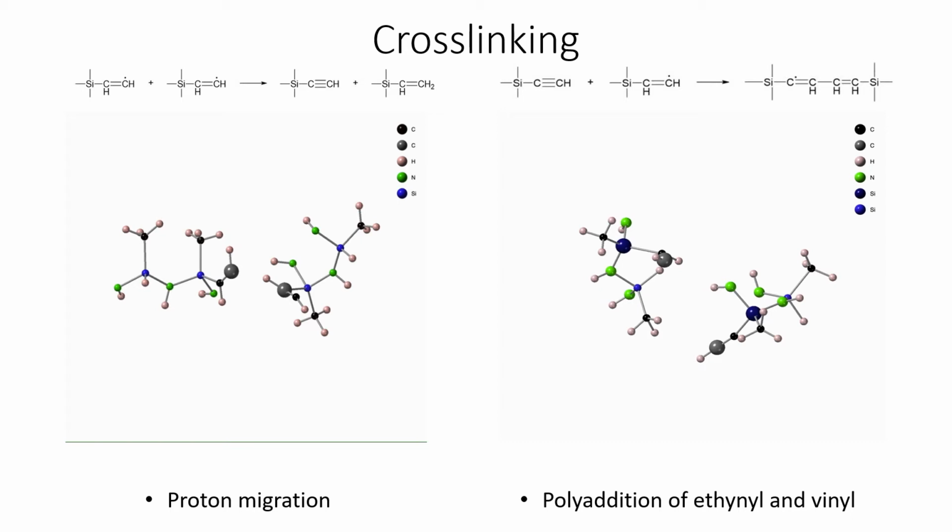This migration is important because it shows a different type of interaction between these two vinyl groups, and it also allows for this next reaction to occur.